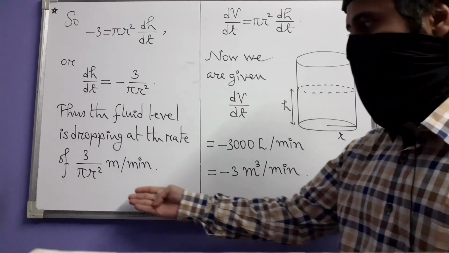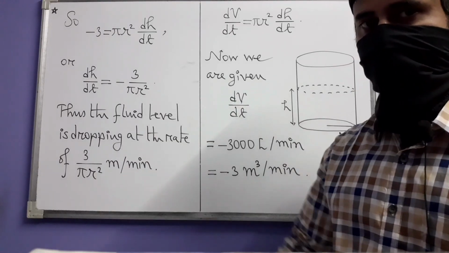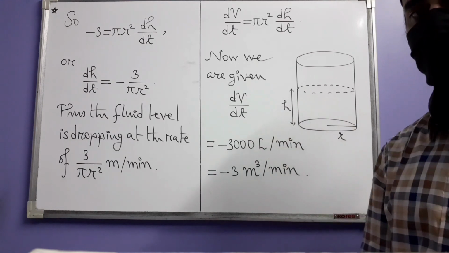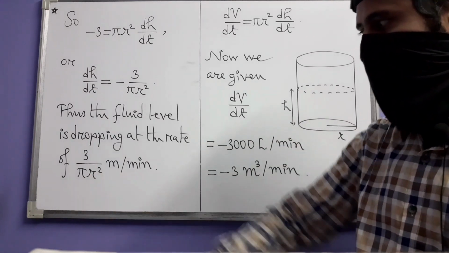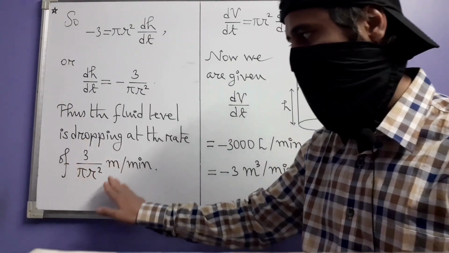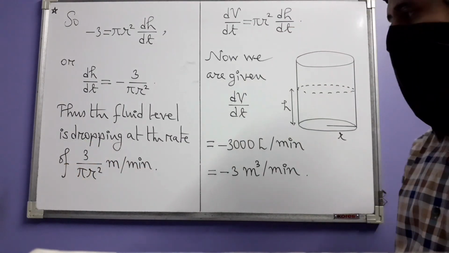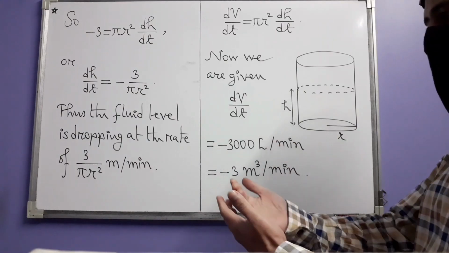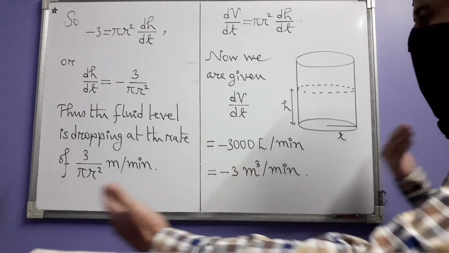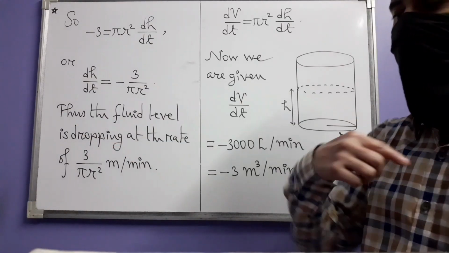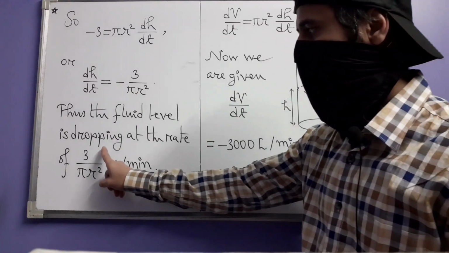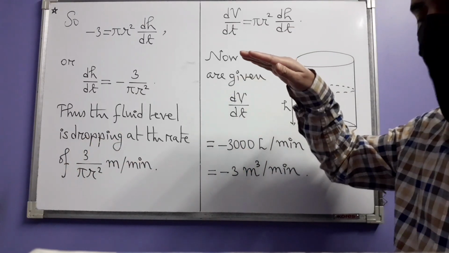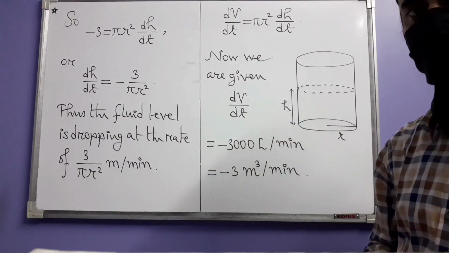So you can clearly see that the answer depends on the base radius, obviously. But you notice one more thing from this rate, that is how it depends on the radius. If your radius is large, if the tank is really large, means it's really wide, then the ratio is small. That means the level will drop more slowly.